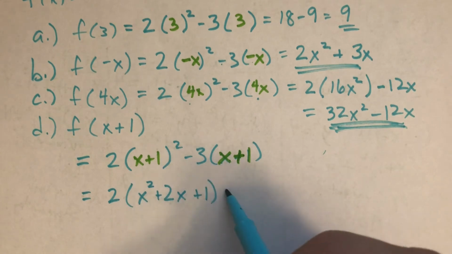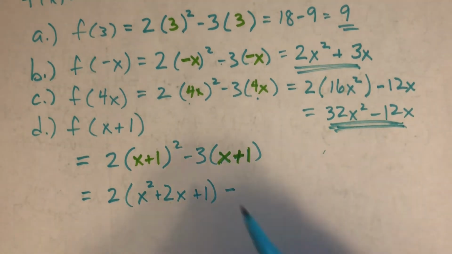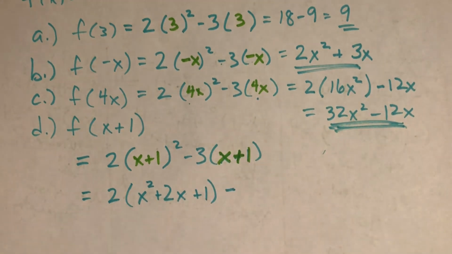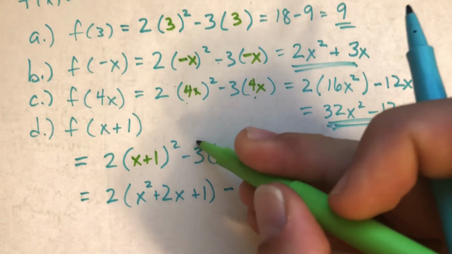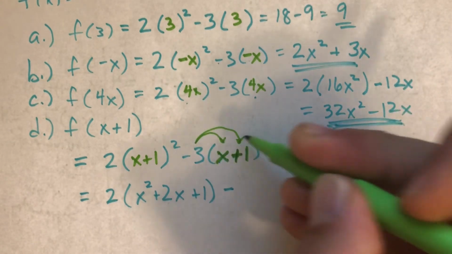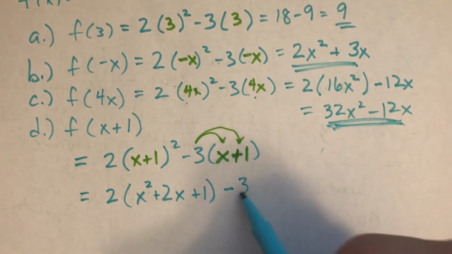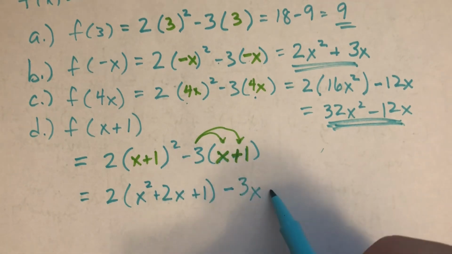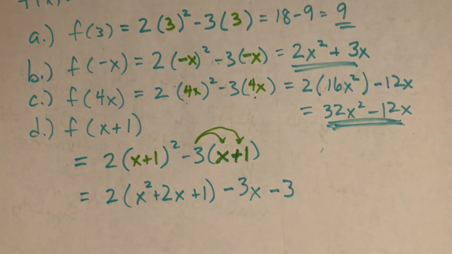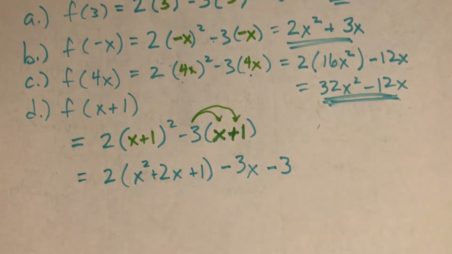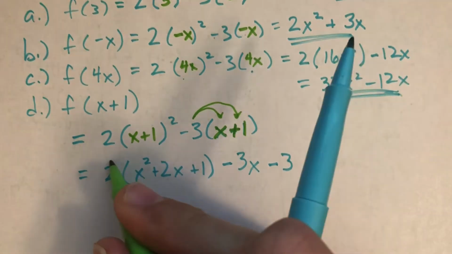And then we got minus 3, and this is just a simple distribution. We're just going to distribute the negative 3 in here. So we've got minus 3 times x is minus 3x. Minus 3 times positive 1 would be minus 3. And now we're going to do the same thing with our distribution here.